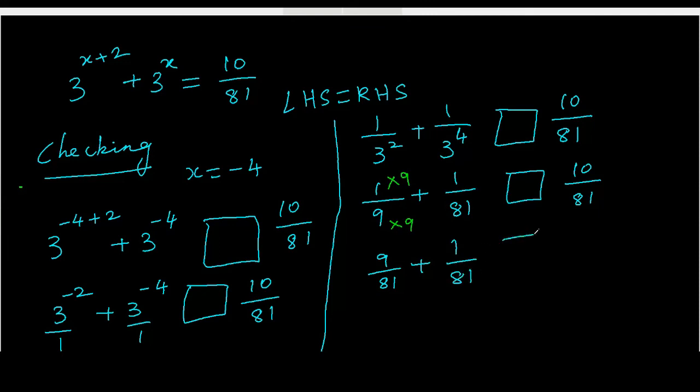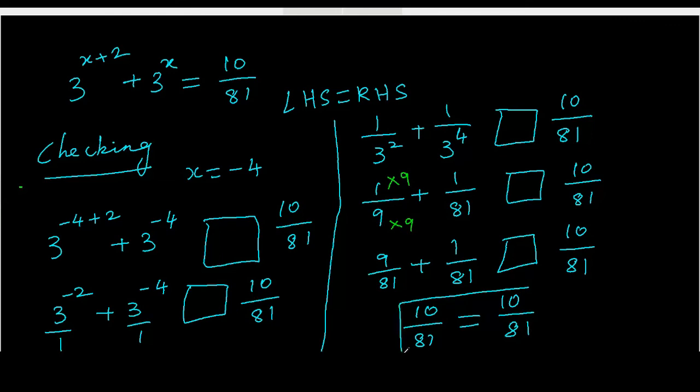Now we made the denominator the same. It's easy for us to add up the top numbers alone, because that is the method to add two fractions with the same denominator. 9 plus 1 is 10, 10 over 81. Equals. I am using equals now because it is equal to the other side. Hence proved. Hence our answer is correct.